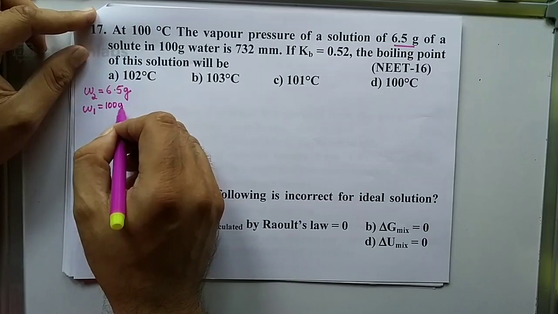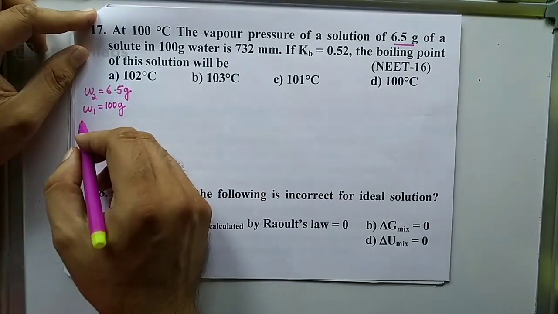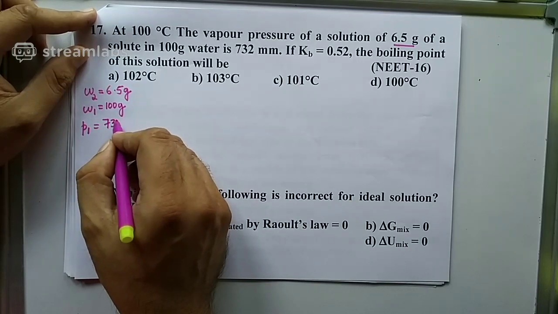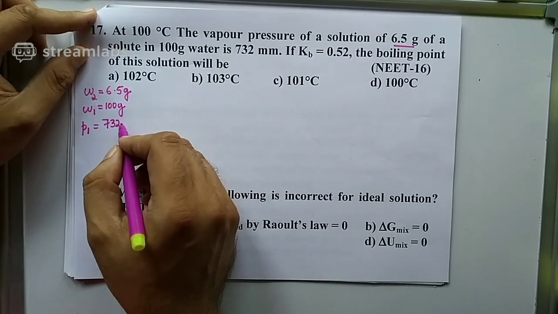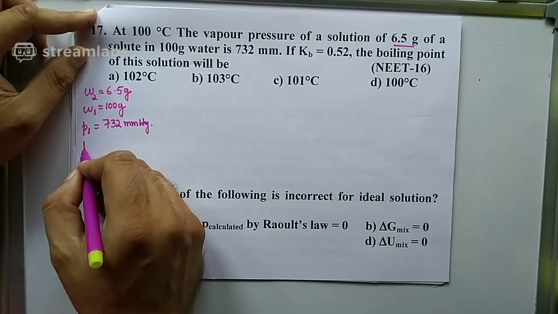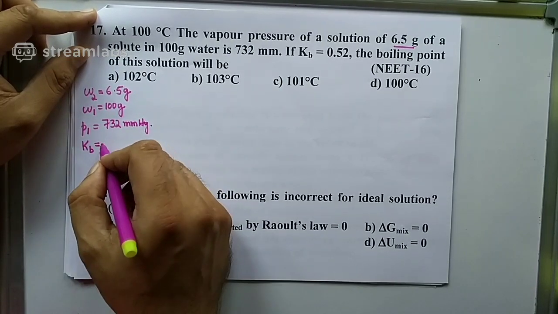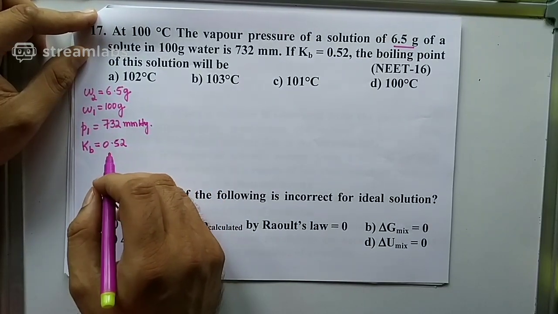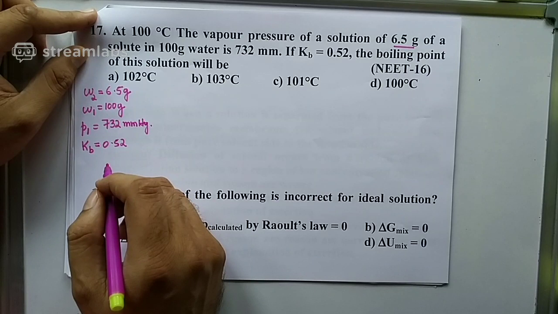The vapor pressure P1 is given as 732 millimeter of mercury. Kb is equal to 0.52 Kelvin kg per mole. The boiling point of this solution will be how much?